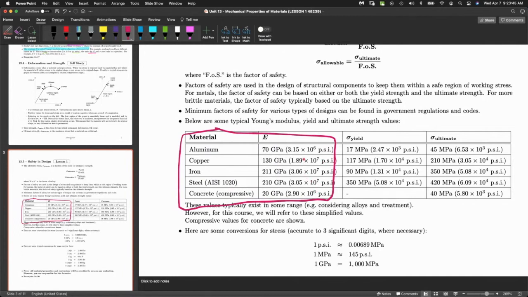So in a practical sense, when you're doing questions, you would need to either look these up online or in a manual or in some type of a reference. For us, you can just pretend that this is your engineer's manual and you just have these here handy and you're like, okay, I'm dealing with copper, no problem. There's the stuff I need to know about copper.